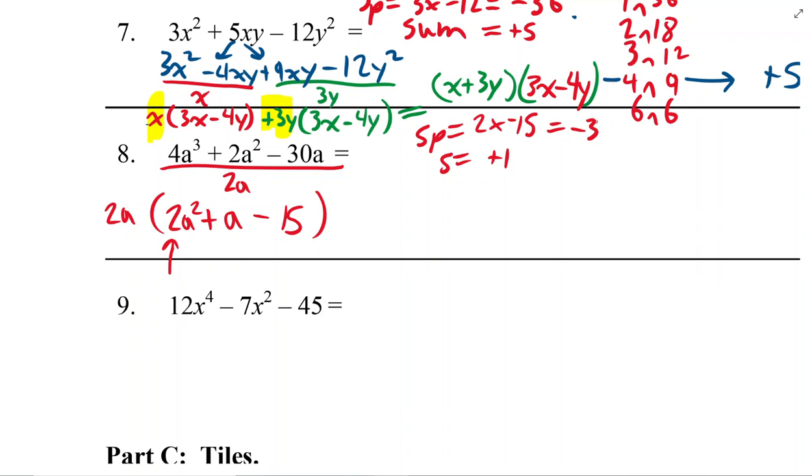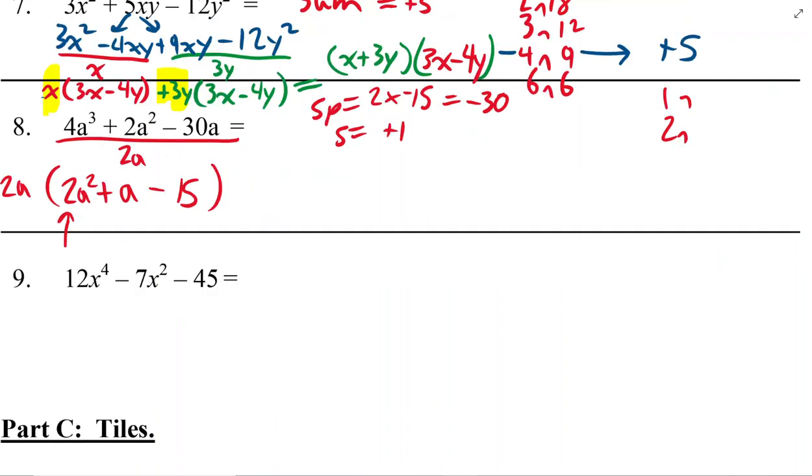Go for it. Write them out. 1 and, 2 and, etc. Go. 2 times negative 15. Yeah, so you multiply these 2 together. So 1 and 30, 2 and 15, 3 and 10, 4, nope. 5, nope. Yeah, 5 and 6.